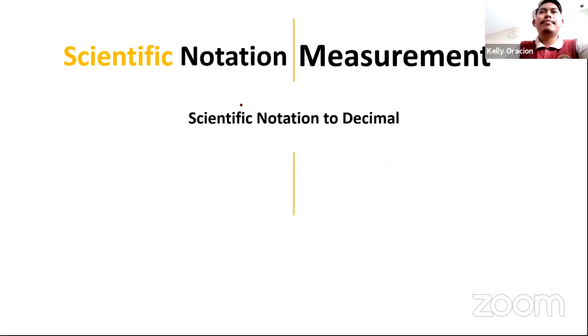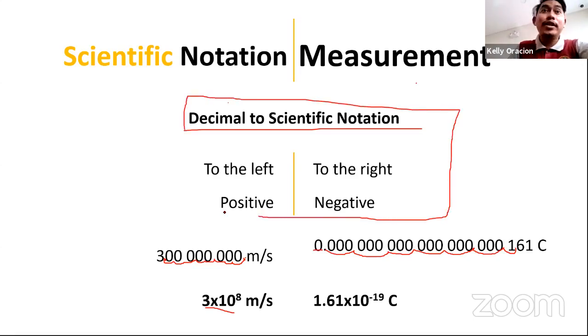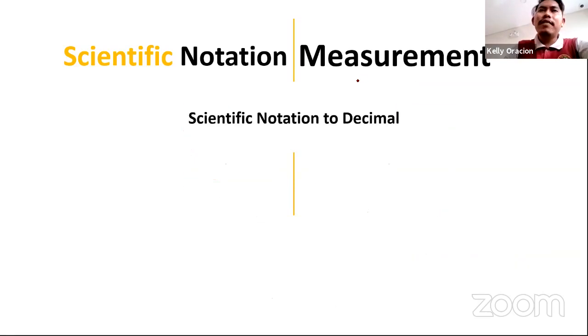Okay, next. How about scientific notation to decimal? Kanina, decimal to scientific notation. Okay, ito yung rule. Take note of this rule. Pag decimal to scientific notation, pag to the left, positive. Pag to the right, negative. Now, scientific notation to decimal. And we have this rule.